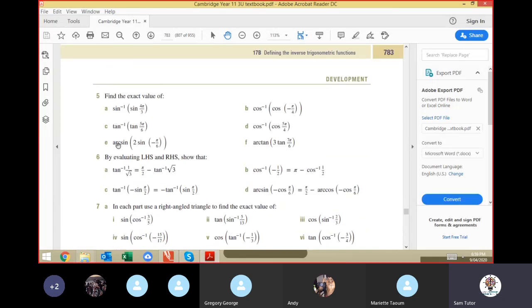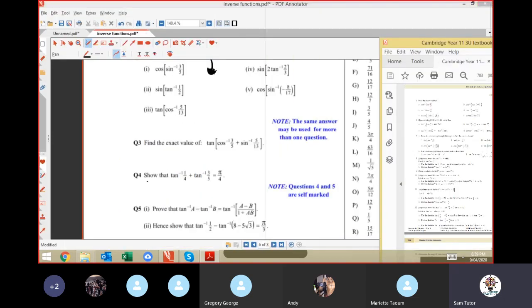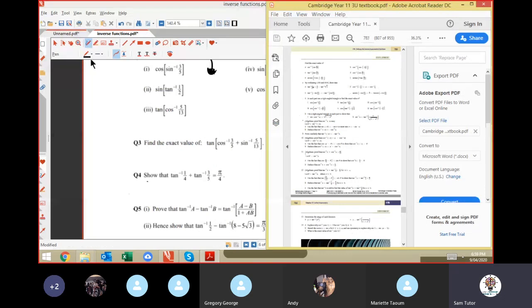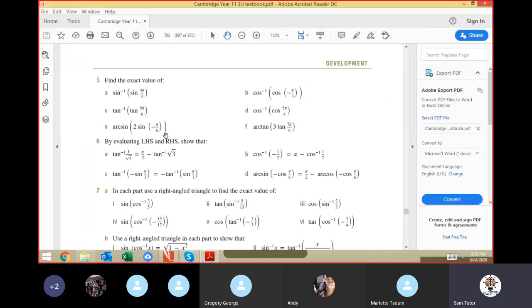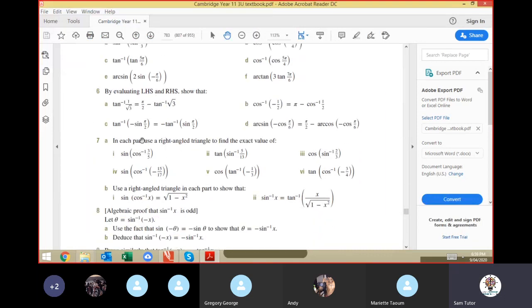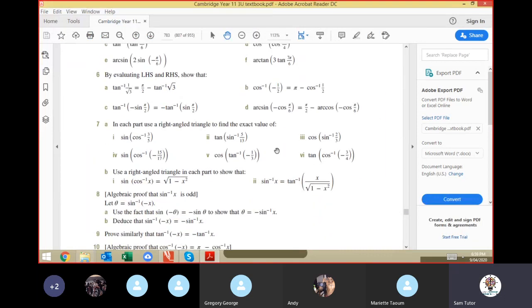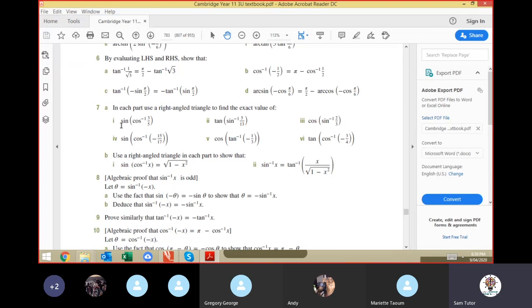Arctan just means inverse tan, arcsine just means inverse sine. So let's do these ones. But inversing, that should just be straight in my calculator, right? It's not the ones I'm worried about, it's these ones. In each part, use a right angle triangle, that's the one. That's all we do.